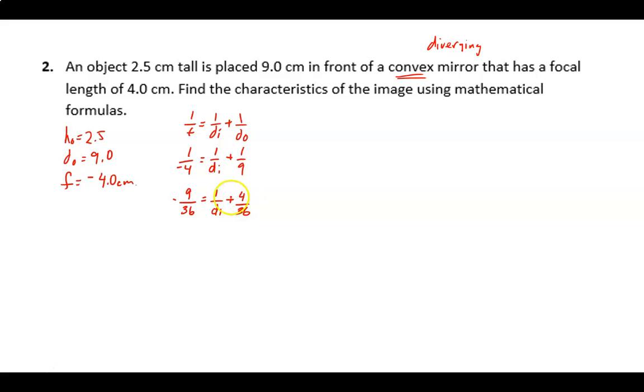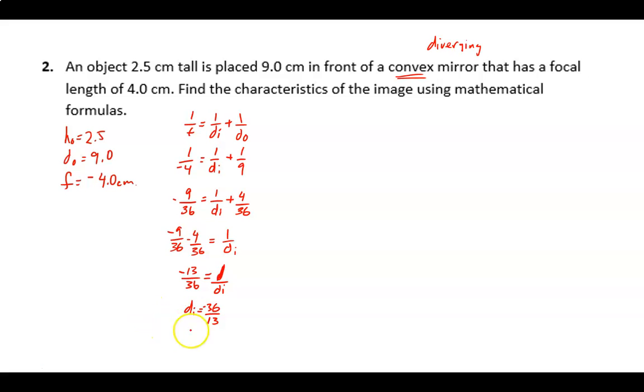Now you're going to need to subtract this from both sides, so you have negative 9 over 36 minus 4 over 36 is equal to 1 over di. Combining that, negative 13 over 36 is equal to 1 over di, or di is equal to 36 over 13.